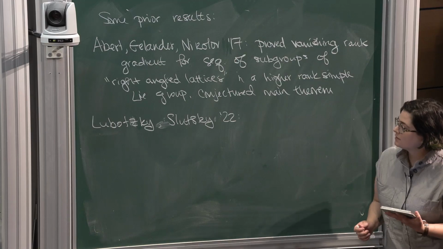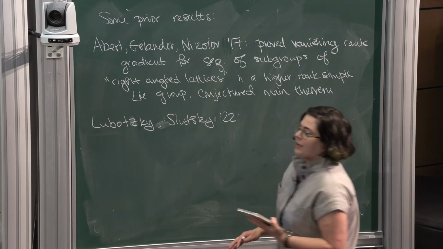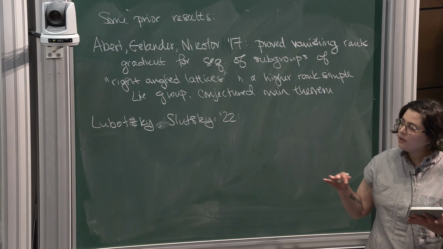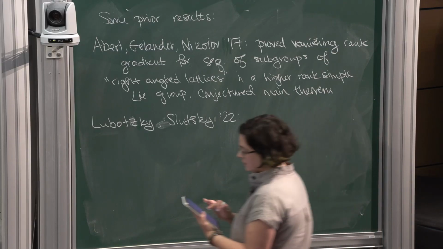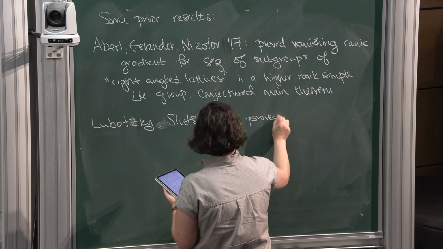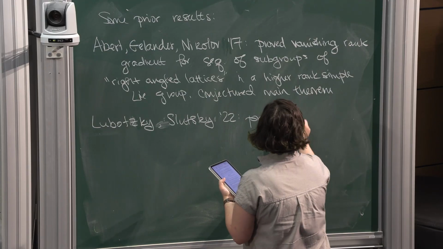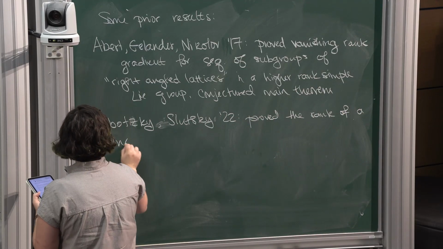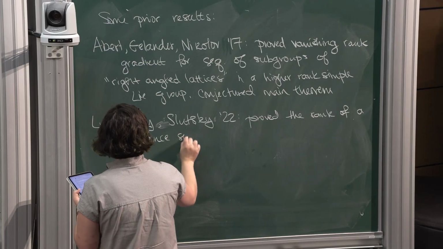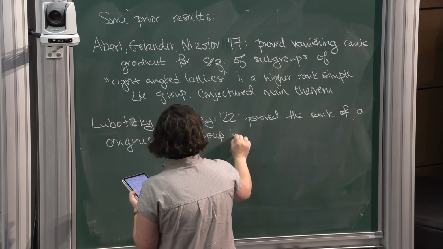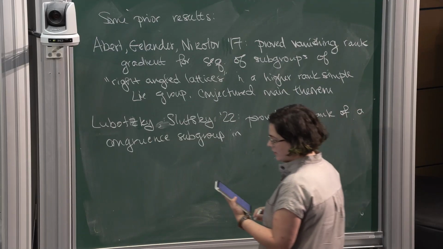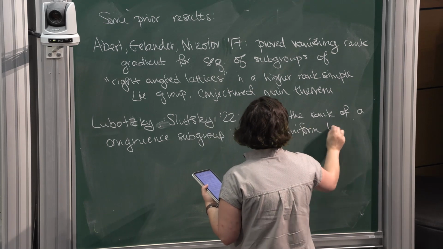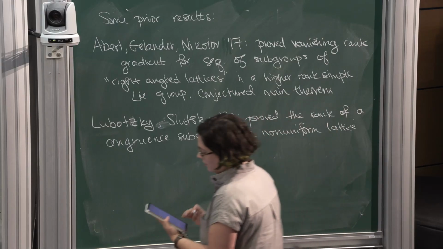And also, Lubotzky and Slutsky proved that, okay, so they have a stronger rate of convergence of this vanishing rank gradient, but just for a specific case. So for a congruence subgroup and a non-uniform lattice, and a higher rank simple Lie group.